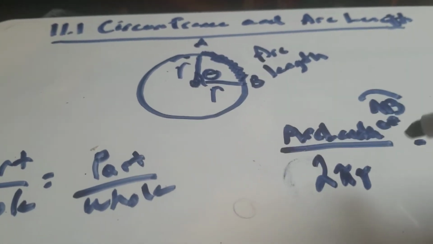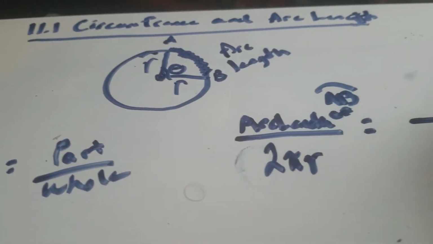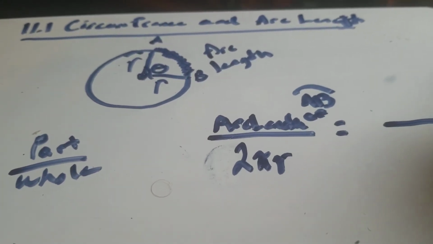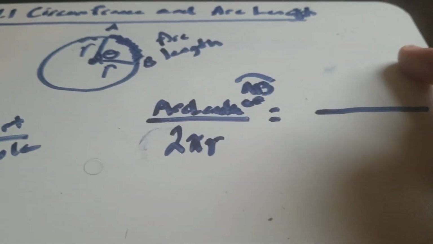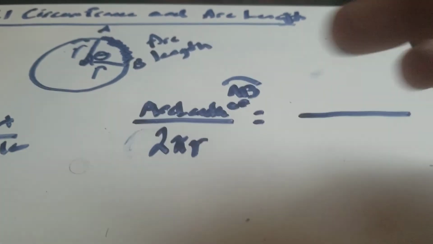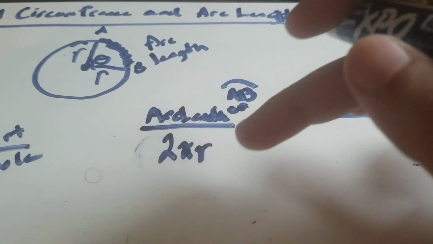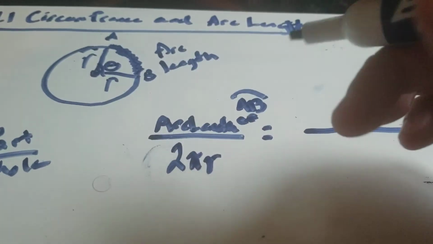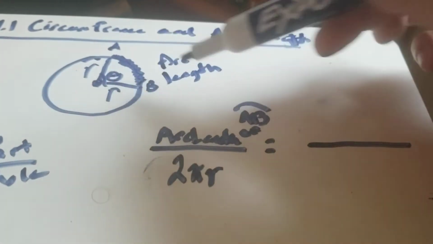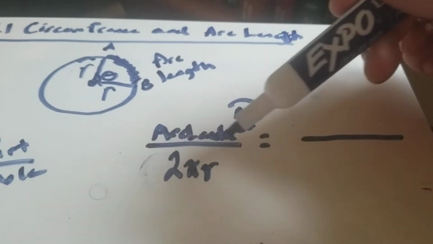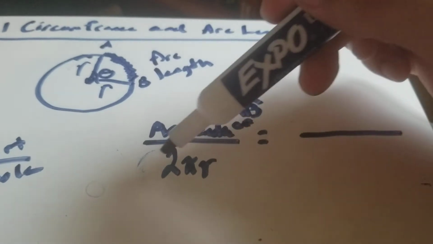So there's the arc length, and this is on the bottom. This is part and whole. The arc length of AB over, which is part of the circle, the scribbly part here, over the whole circle, which is 2 pi r.